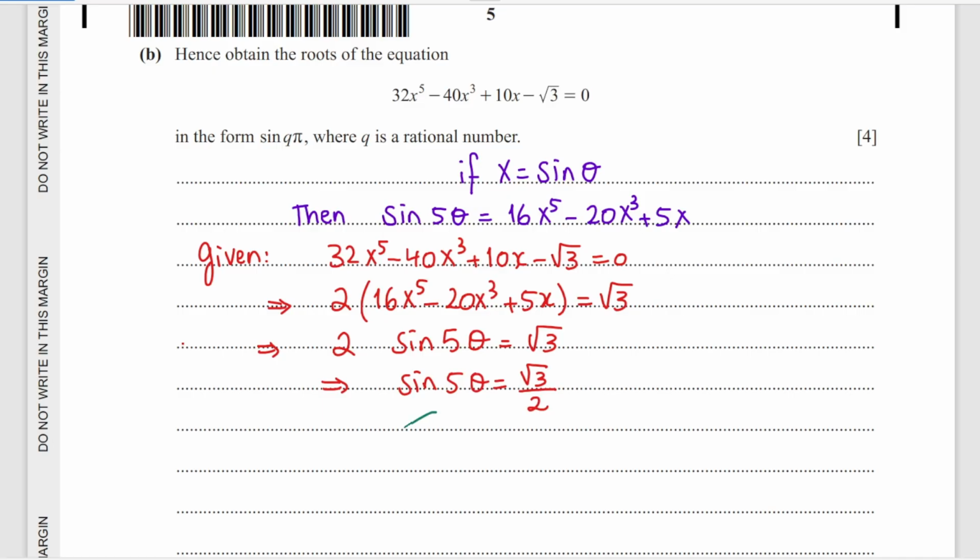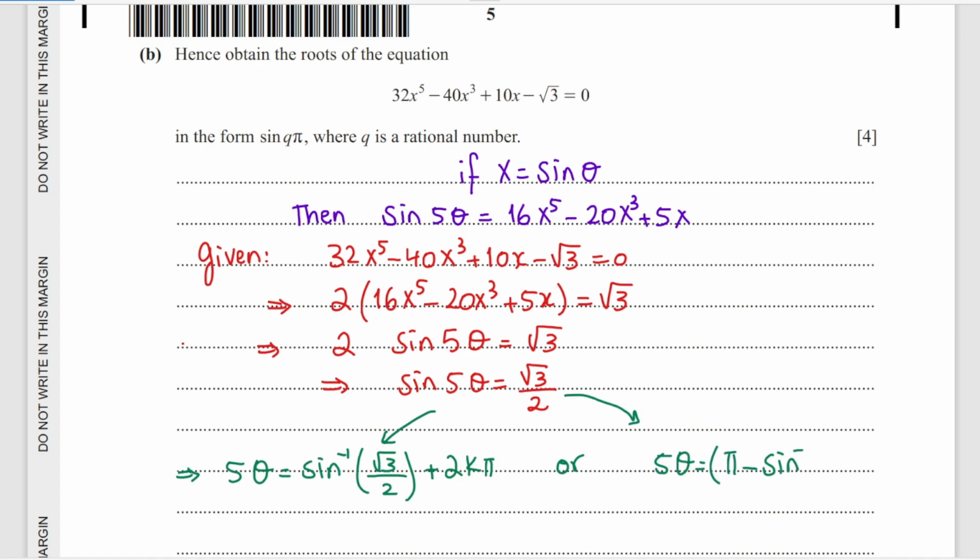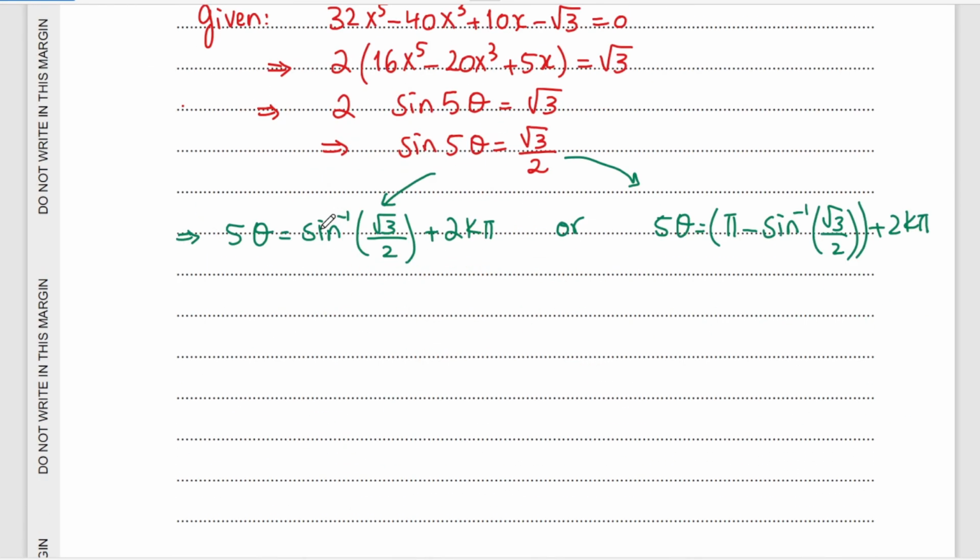Once I solve the sine equation, I use the periodic nature of sine to find all possible values of theta. 5 theta is equal to the angle plus 2k pi, or pi minus the angle plus 2k pi. A common mistake here is to write only one solution.